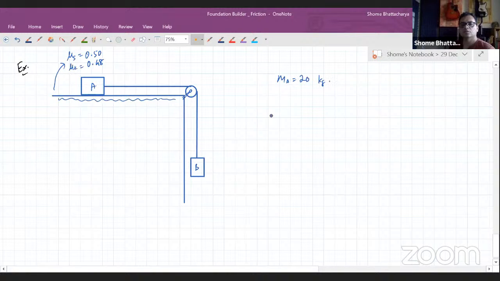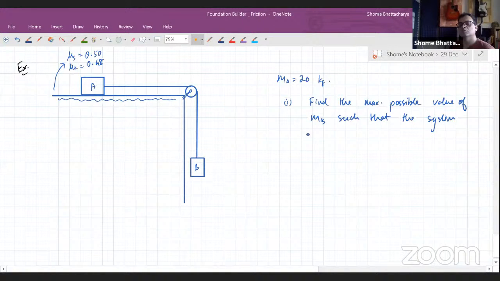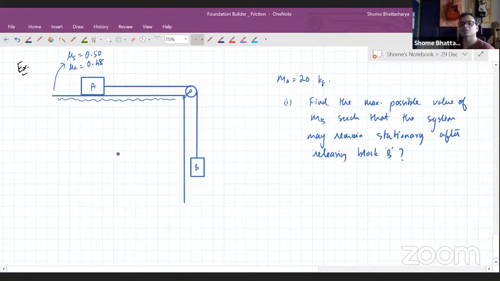So the first thing we'll understand here is, find the maximum possible value of MB such that the system may remain stationary after releasing the block B. If we release the block B, the system still remains stationary.